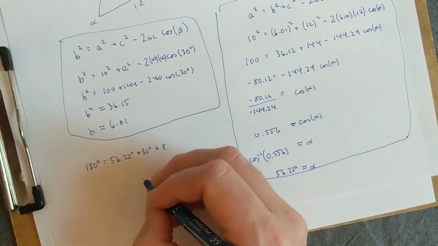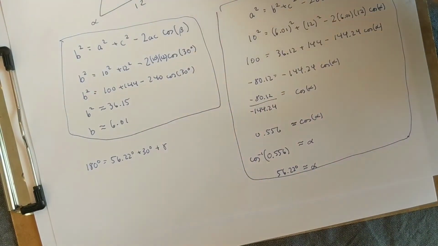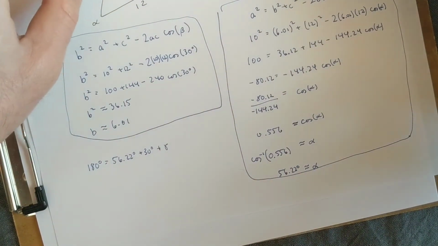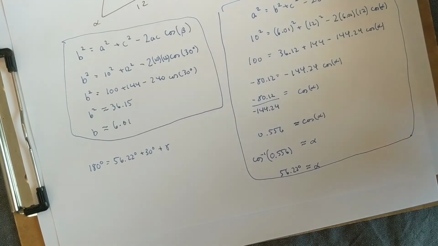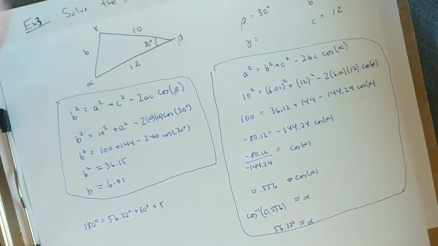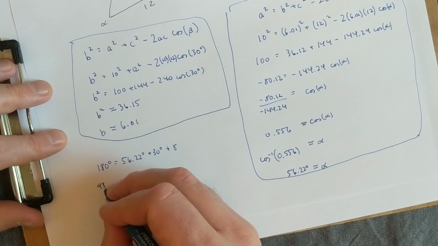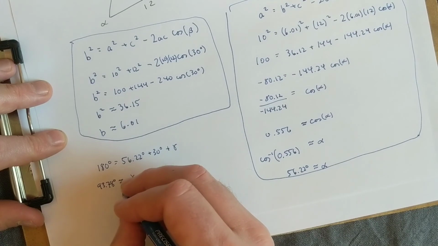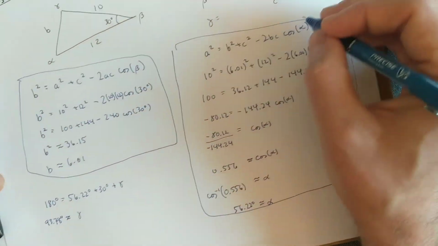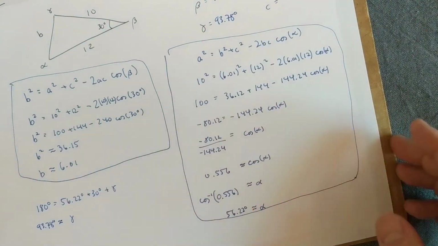So if I subtract 56.22 and subtract 30 from 180, I have 93.78. And so if we go back up here, we get 93.78. And that's all the missing pieces of information.